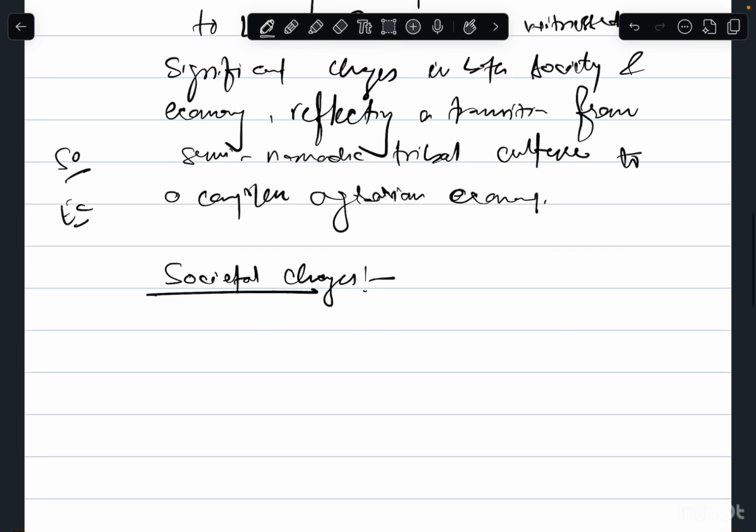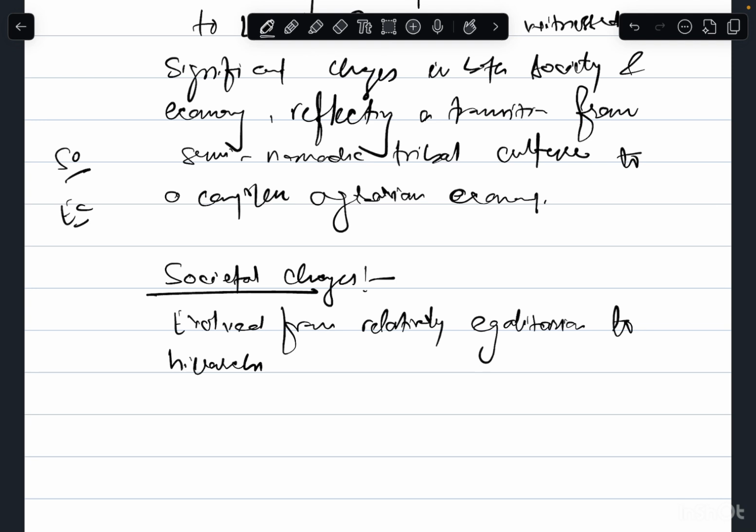So we can see this society in the Rig Vedic period was quite egalitarian in nature, isn't it? So we can say it evolved from a relatively egalitarian to a hierarchical society.